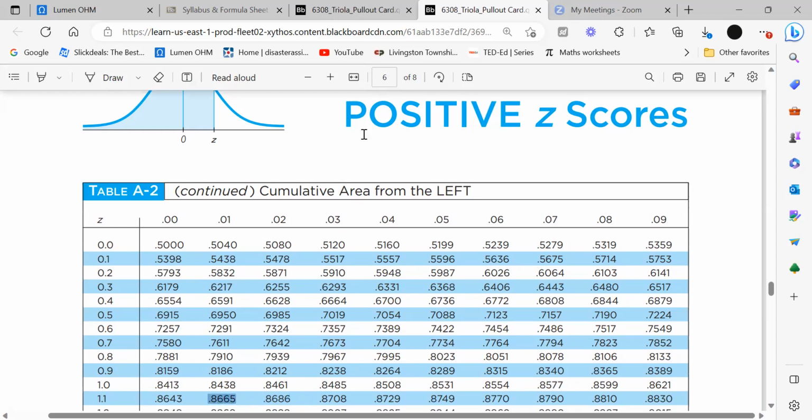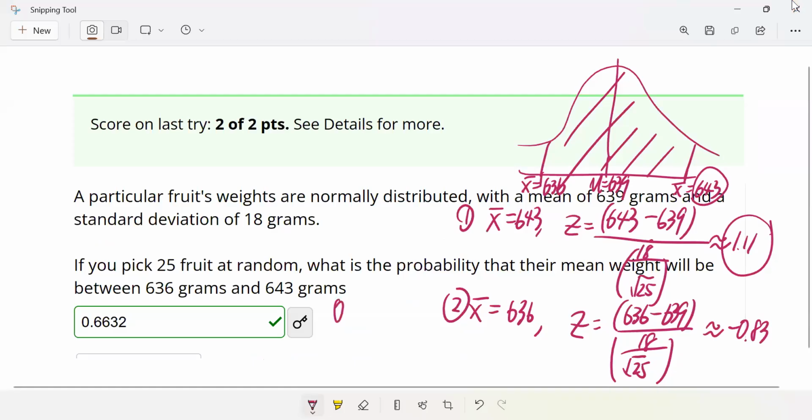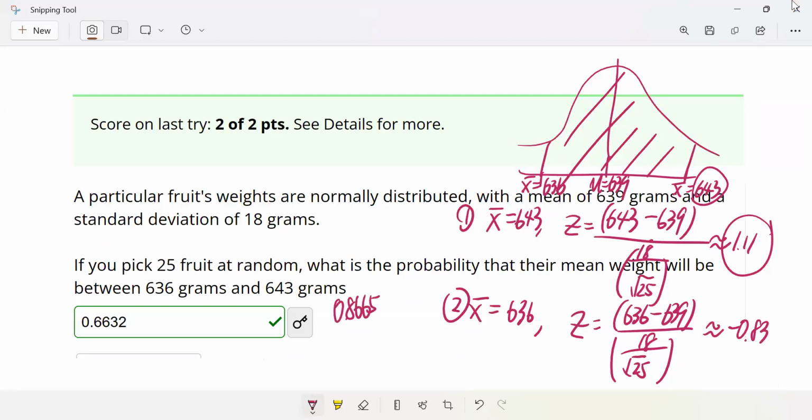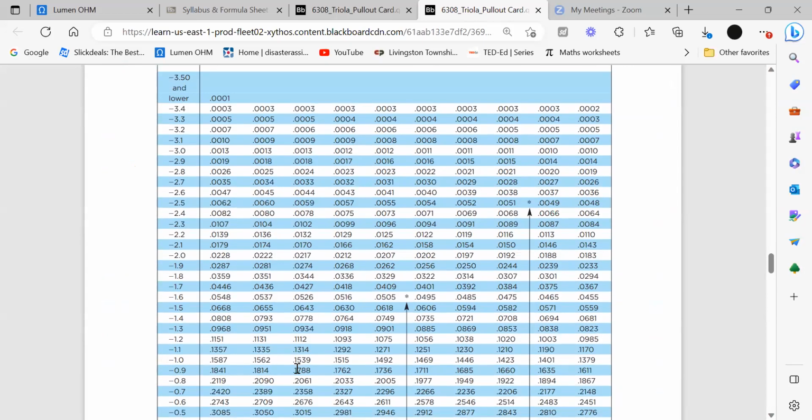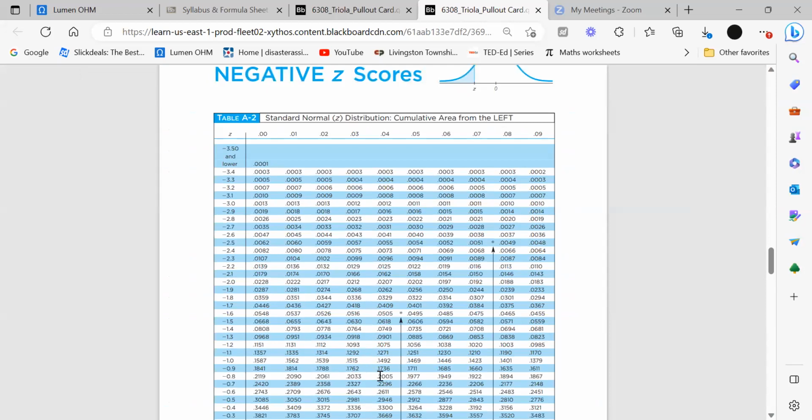Now we get 1.11, 0.8665. We're using 0.8665 minus the probability associated with the smaller z-score, negative 0.83. Let's see what that is. That should give us 0.2033.